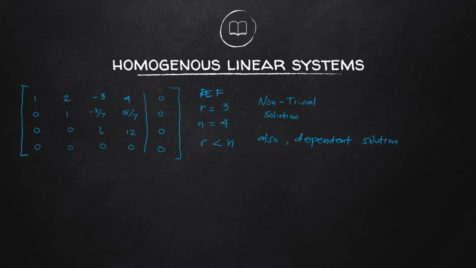Because if you revert this back to its equation form, this would be w plus 2x minus 3y plus 4z, x minus 11 over 7y plus 15 over 7z equal to 0, y plus 12z, and we have 0 equal to 0.